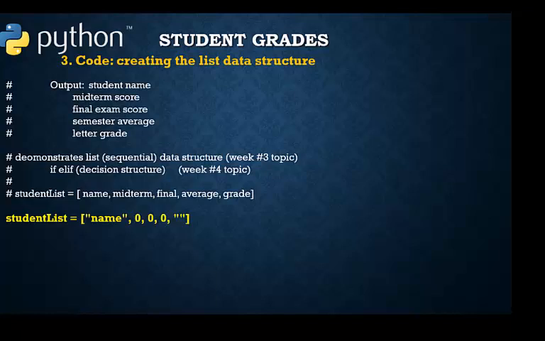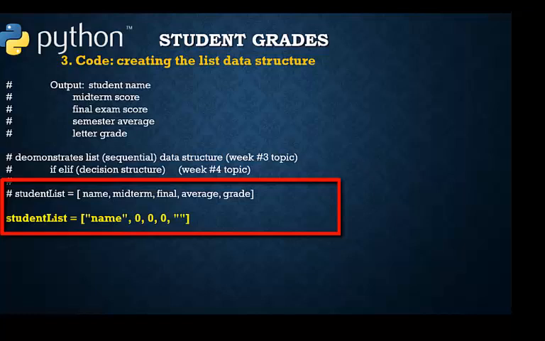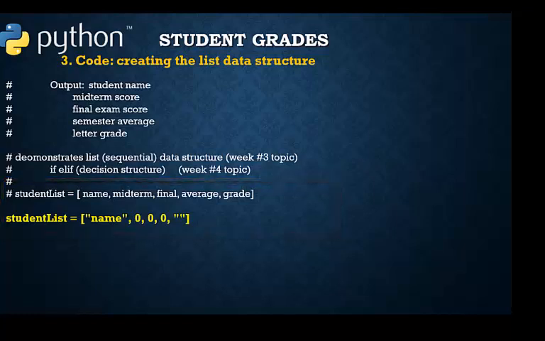Since all of the data in this program refers to one student, it makes sense to use a list data structure. The name we are using is student list, and it will consist of the student's name, midterm score, final score, the computed semester average, and the letter grade that is determined and assigned based on that semester average.